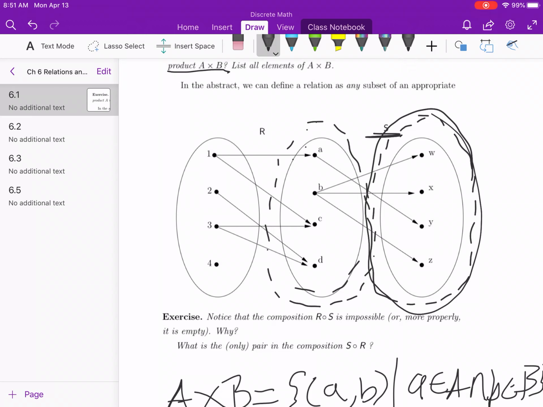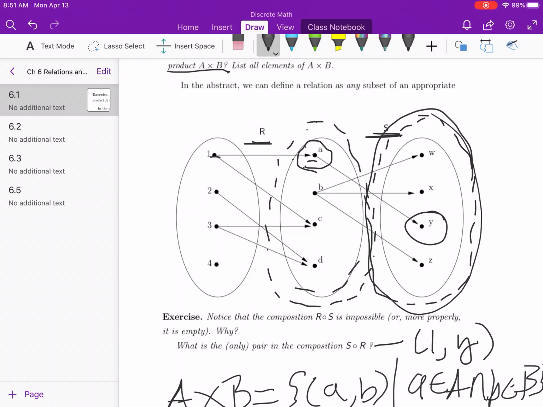Notice for this one, when I go R, 1 goes to A and C, 2 goes to D, then 3 goes to C and D. Well, I've gone from 1 to A, and then when I do the S composition, this A goes to Y. So the only pair in this composition is the pair (1, y).